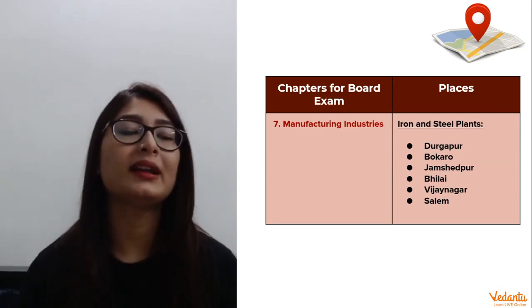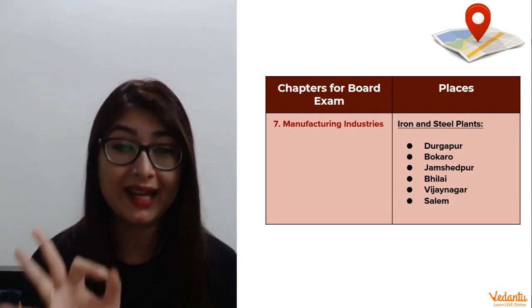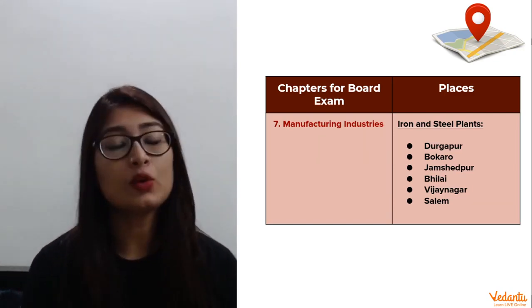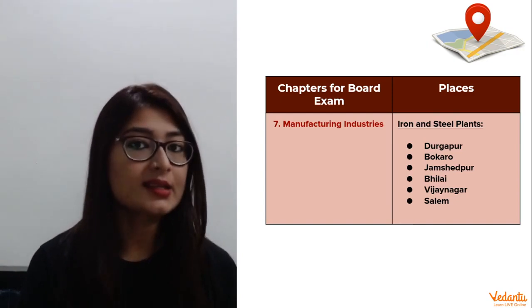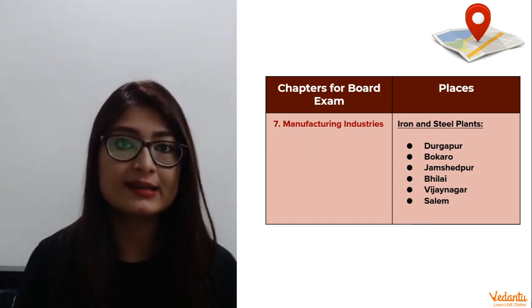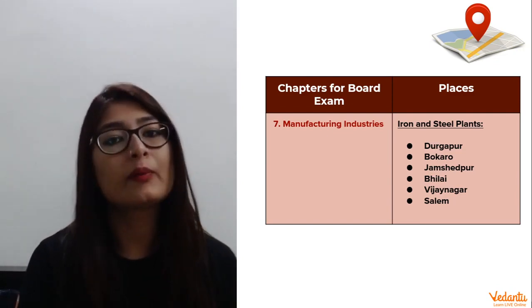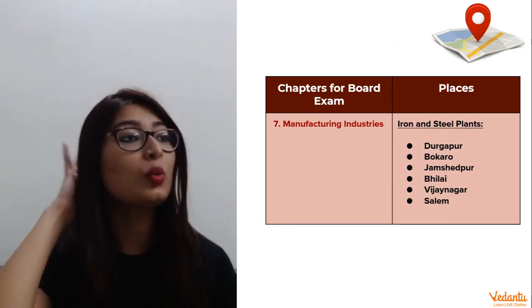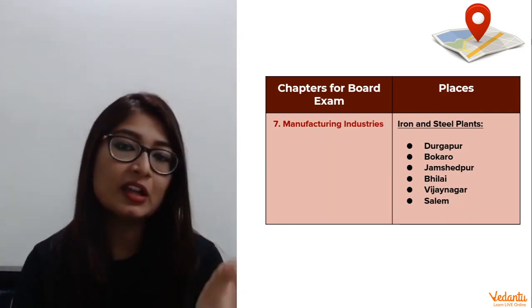Also, sometimes it gets a little confusing, and this is a short trick. Okay, it's a catch that I'm telling you that I used to use. A lot of times you may not know where it exactly is on the map. If you're facing a lot of problems and you at least know which state it is in, you can somewhat point it out somewhere. You'll get some marks. Don't worry that you have to be exactly on point.